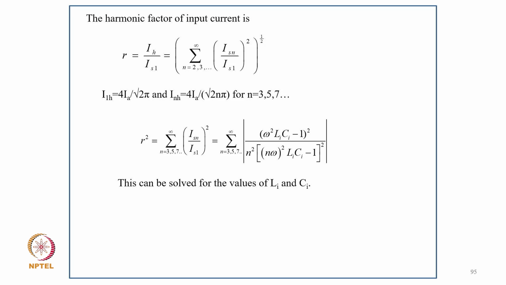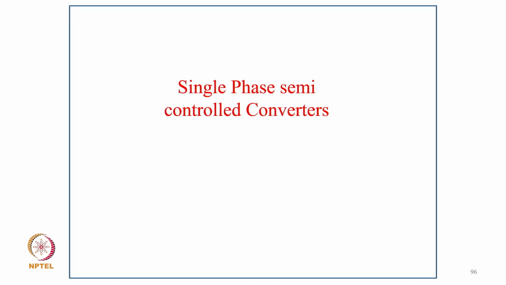The ratio is the sum over n equal to 3, 5, 7 to infinity of the absolute value of (ω²LiCi − 1)² divided by n²(n²ω²LiCi − 1)². So this value can be solved for Li and Ci.